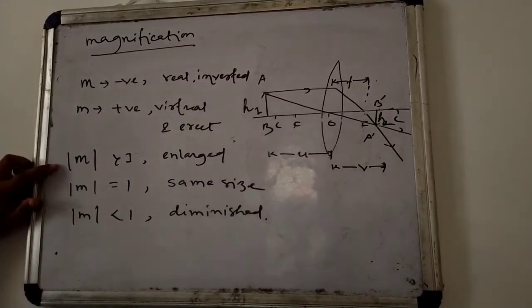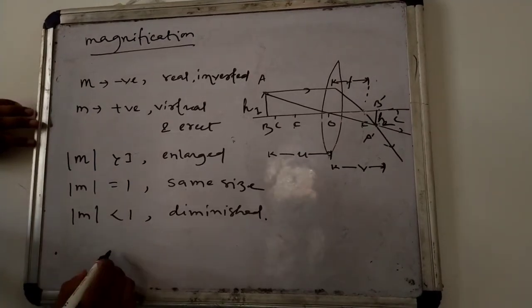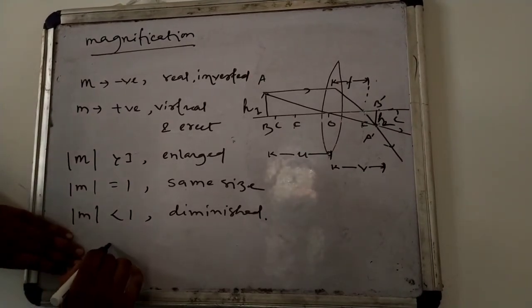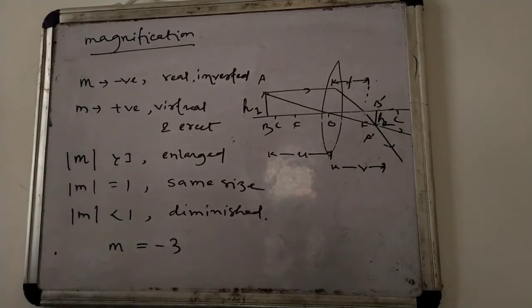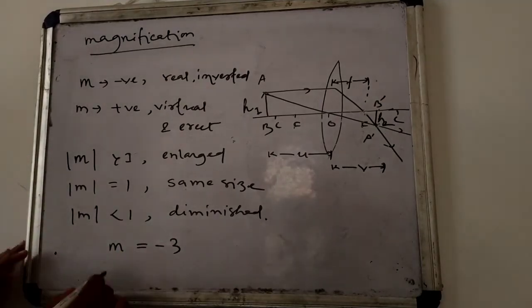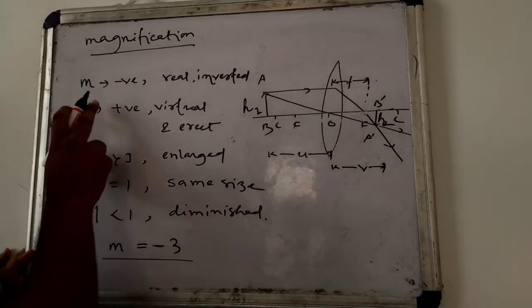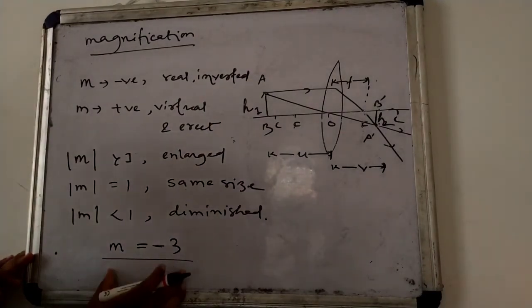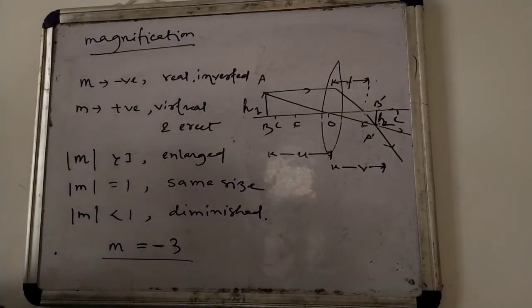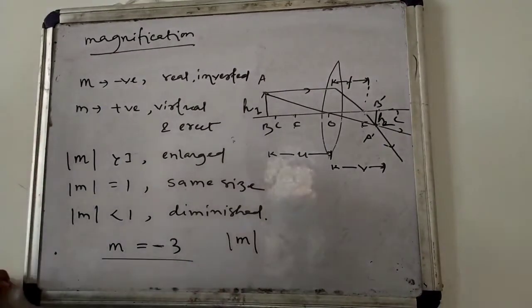Now what is the meaning of this modulus sign? See here, suppose in a numerical I am getting the value of magnification as -3. Okay, -3. So from this negative sign it is clear that the image will be real and inverted. Now to say whether it is enlarged or diminished, we have to calculate the modulus of the magnification.